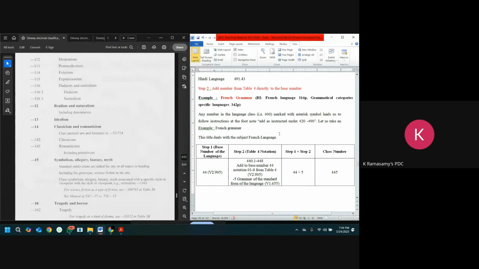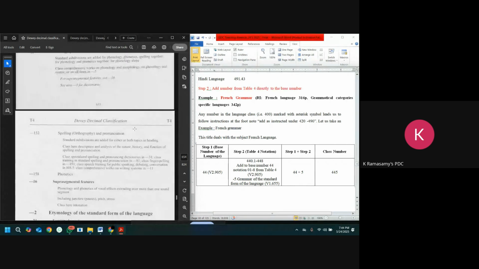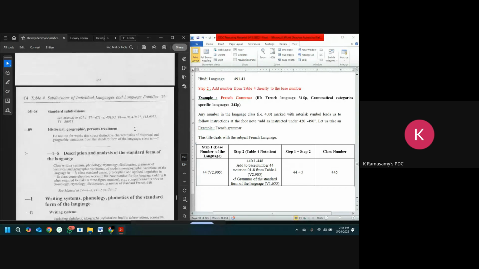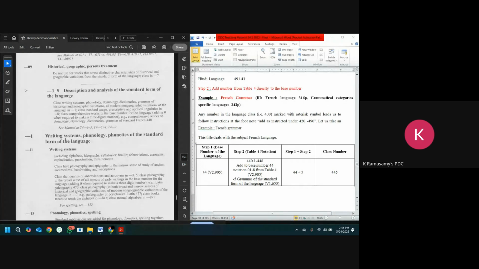See, one minute. So table 4, yes, it is here. You can see here, this is table 4. Table 4 is a very small table because this can be used only for class numbers starting from 420 to 490. And you can see here, number 1 stands for phonetics.